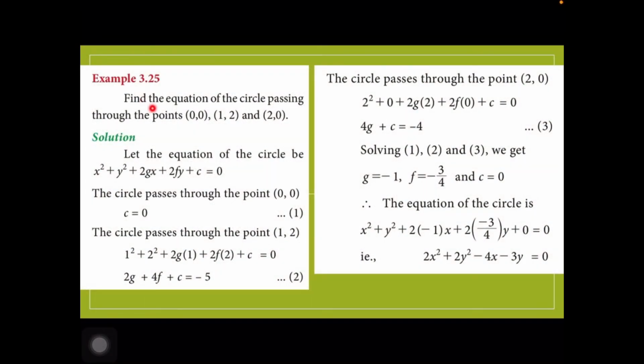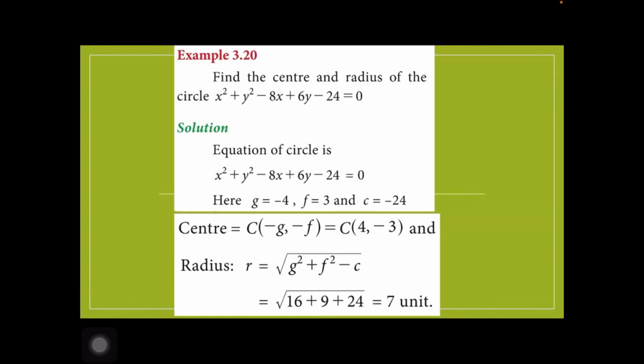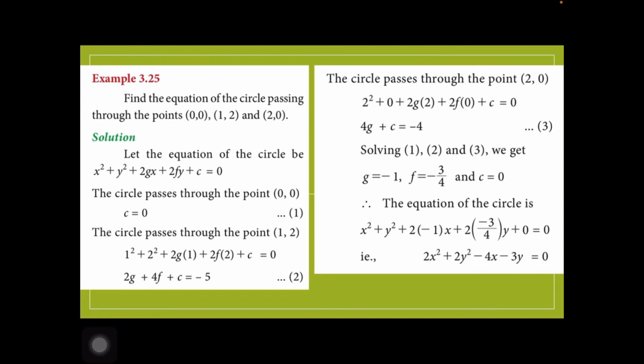25th example, find the equation of the circle passing through the points (0, 0), (1, 2) and (2, 0). Let the equation of the circle be x square plus y square plus 2gx plus 2fy plus c is equal to 0. This is our general equation of the circle. If the circle goes through a point, then we can substitute those values as x and y in the given equation.